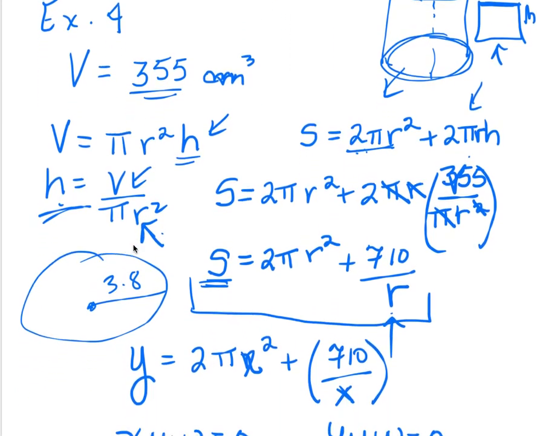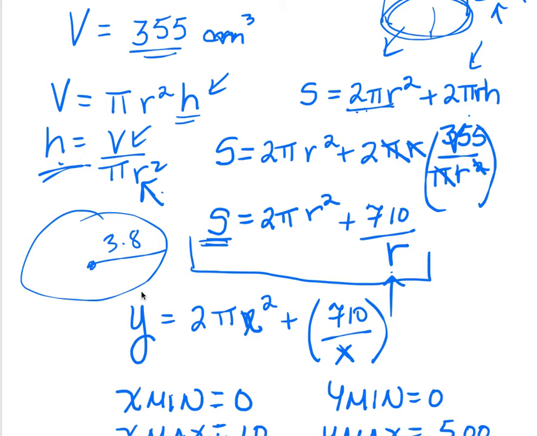And what it turns out to be is a really short, fat can that would give us the smallest amount of surface area that would still hold that volume of 355 cubic centimeters. The can to the right is what we're more accustomed to. It takes more surface area, though, to create that can.